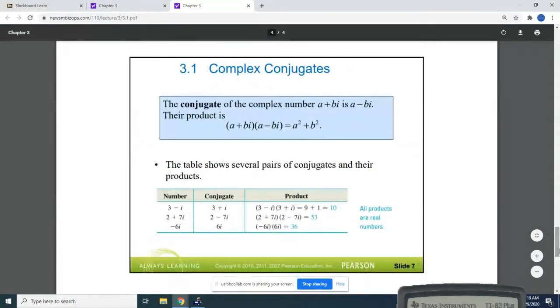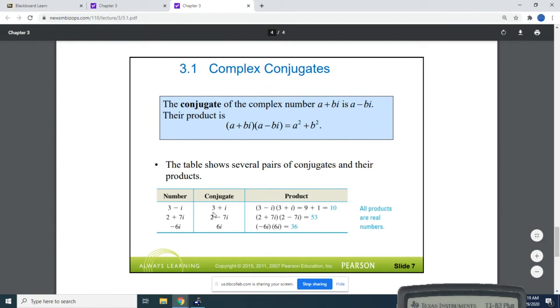And then lastly, we're going to talk about complex conjugates. This is going to play a role a little bit later on in this chapter. Up front, you just want to remember that all complex numbers have what's called a conjugate. So here's what a conjugate is. Let's say we have the complex number 3 minus i.